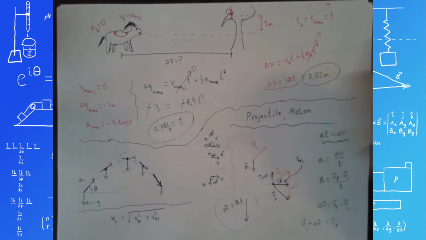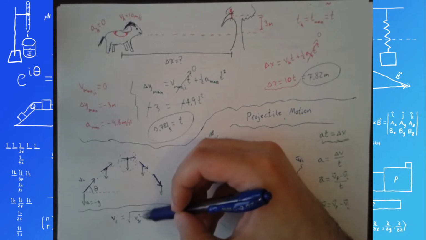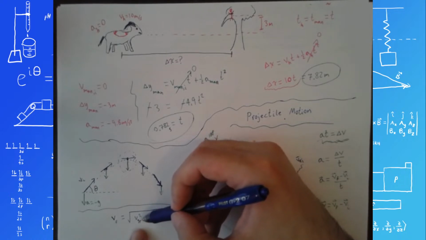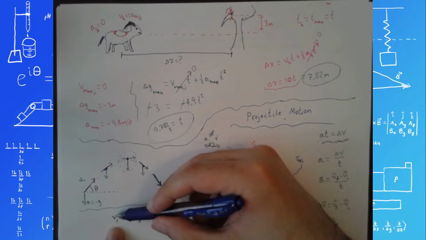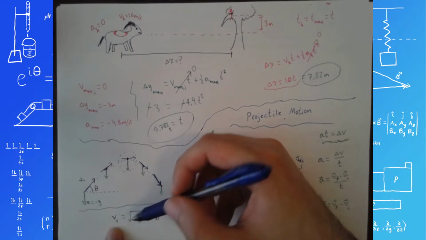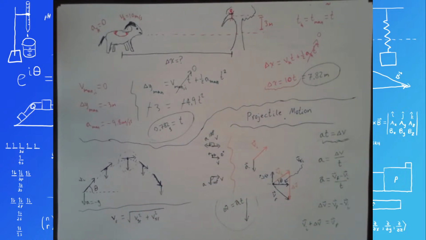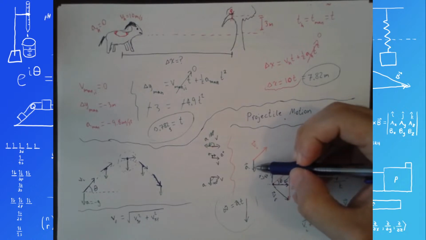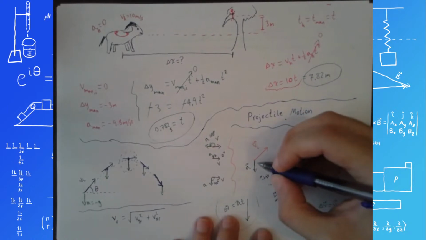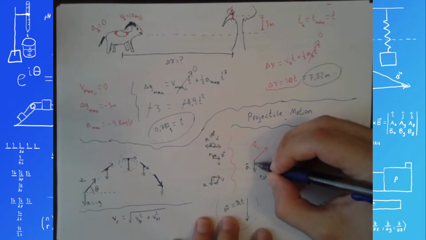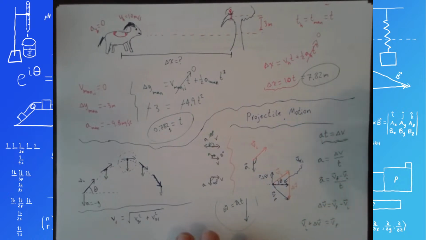The x component final is the same as the x component initial. It didn't change. I didn't add or subtract anything from the horizontal part of the motion, but the vertical part of the motion is changing because of gravity. So if this part is changing, then the overall magnitude of v final must be changing. And that's how we know we're experiencing a change in magnitude if the angle between acceleration and initial velocity is not 90 degrees.